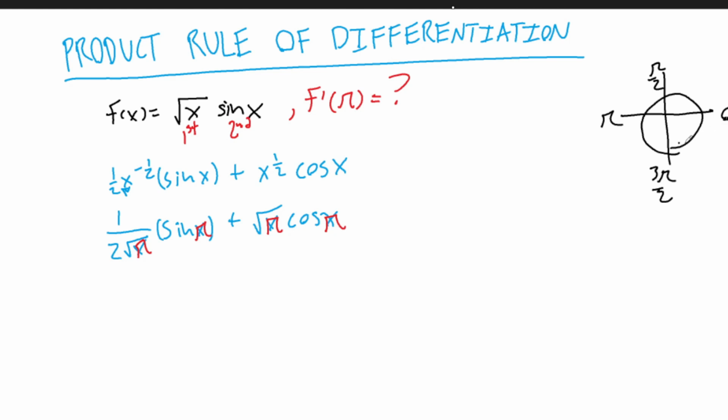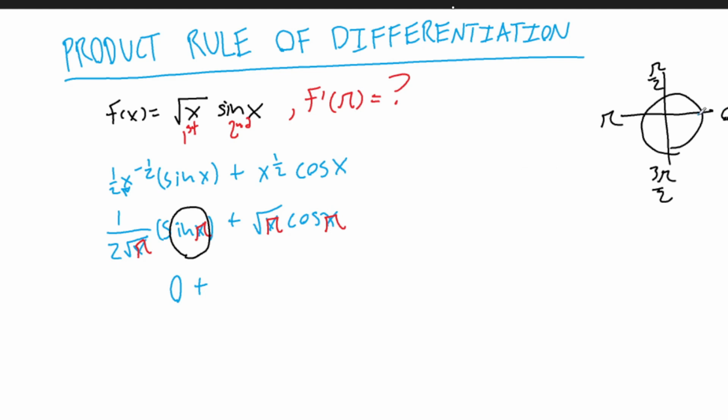So the y value at pi is 0. So because we know that this is equal to 0, then whatever this is doesn't matter because it's multiplied by 0, so it's going to equal 0. So this side is going to equal 0, and then we're adding it to root pi times cosine pi.